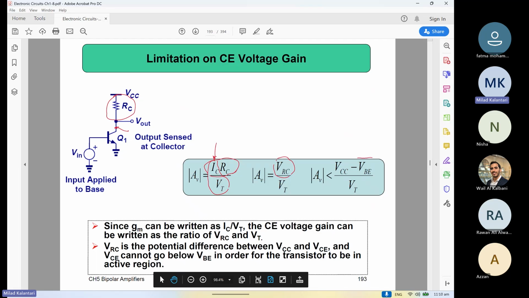So here we are assuming that there is some VBE needed, at least like 0.7 volt, to make sure that the device is in the active region, right? Otherwise, the device is not in active and all of these things are not working, right? So you are saying that the gain is limited by this VCC at the end, if you want to keep the transistor in the active region. So there is a limit.